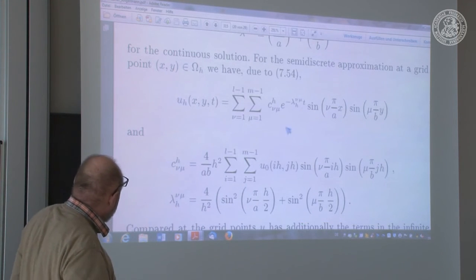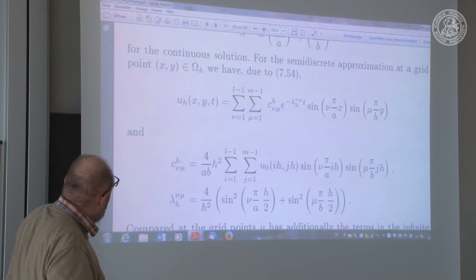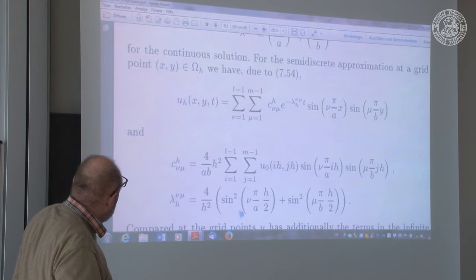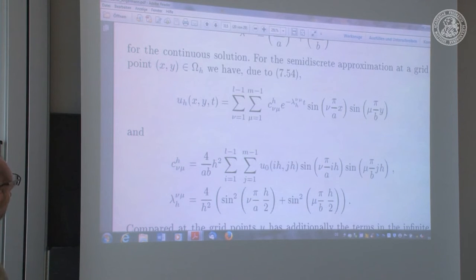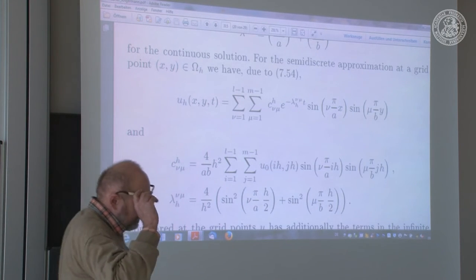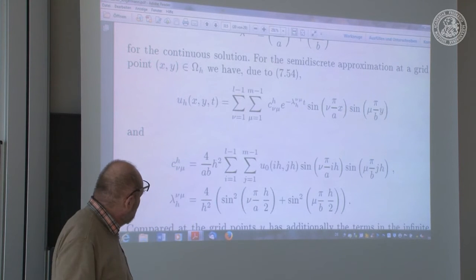At the boundary, we always get the 0 values, for the indices equal to 1 and equal to L and M, which are not included here. So this is just a matter of quadrature, and this is also of order h squared.